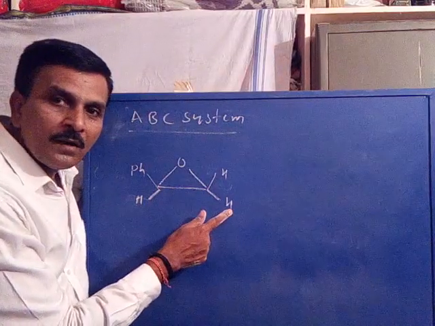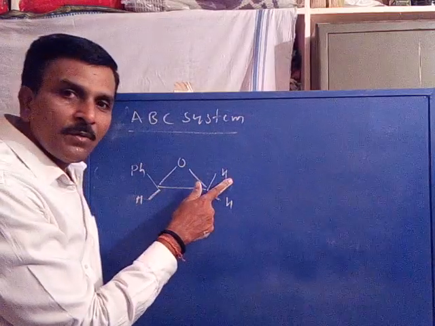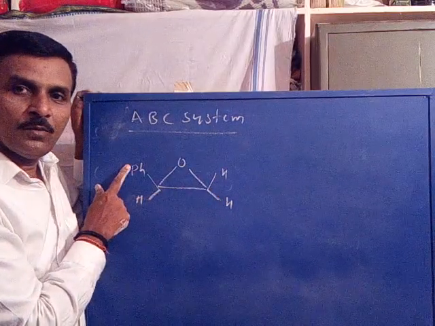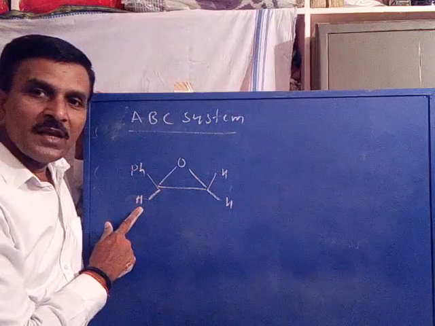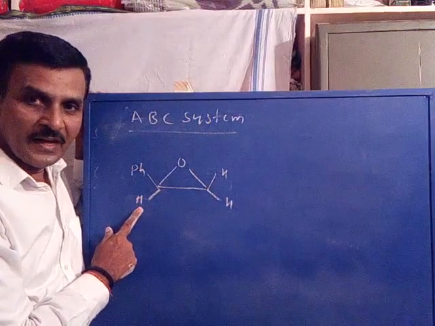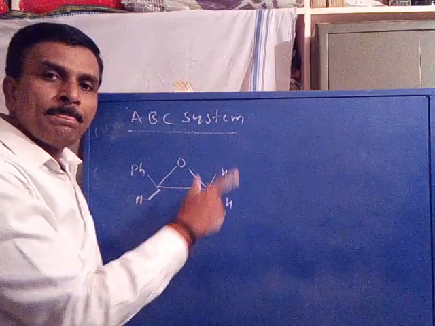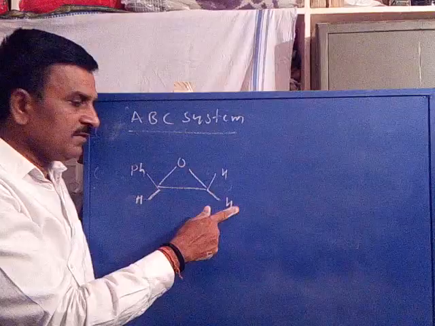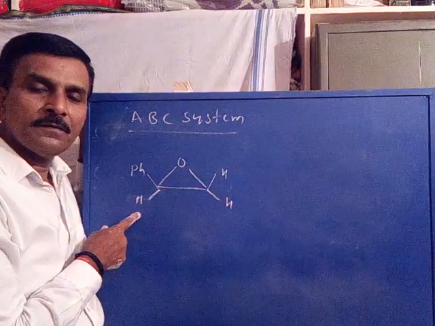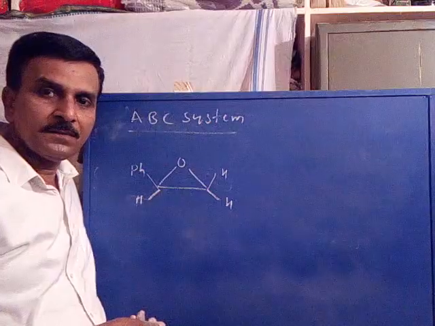This is the proton trans to phenyl group. This is the proton cis to phenyl group. Do you observe? One proton is geminal with respect to phenyl, the other proton is trans to phenyl, the other proton is cis to phenyl. That indicates these three protons are non-equivalent, appearing separately as three signals.